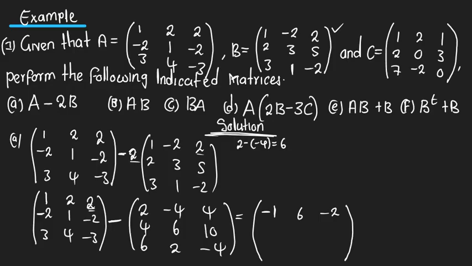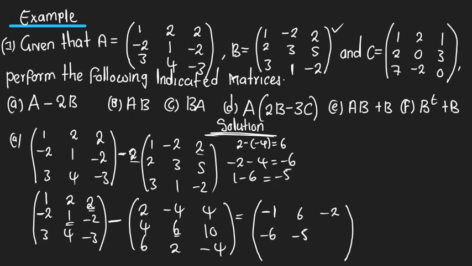We go to the second row. It's going to be negative 2 minus 4. So negative 6. 1 minus 6. We are doing this one. 1 minus 6.